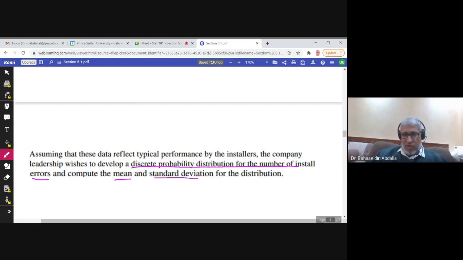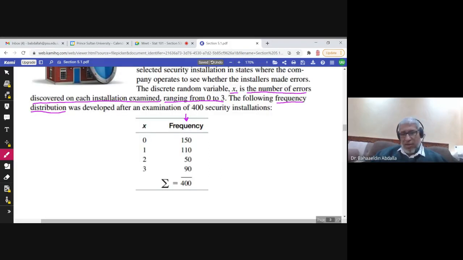So first, we need to develop a discrete probability distribution. This is not a discrete probability distribution. This is a frequency distribution. So how can we develop a discrete probability distribution? We find the relative frequency, or we can call it the probability of x. So how do we find the probability of x or the relative frequency?